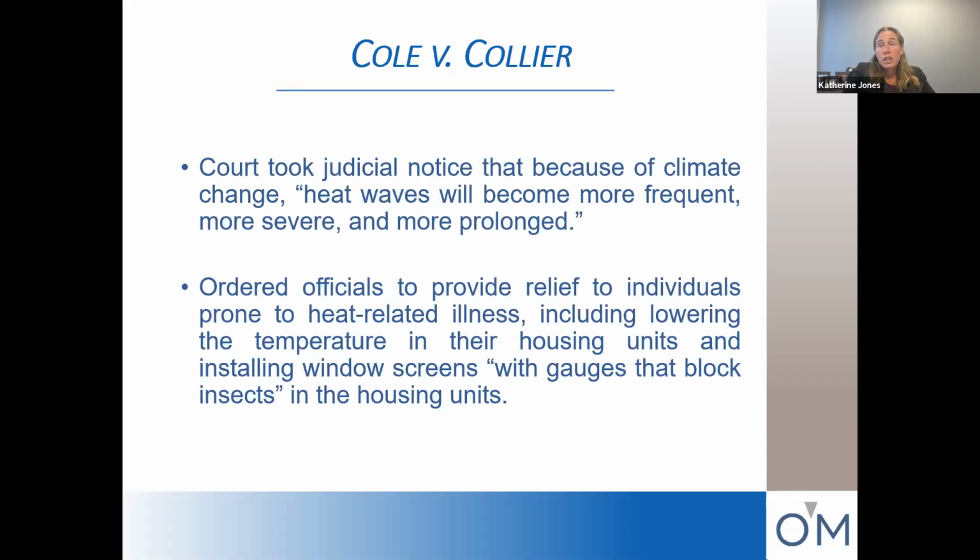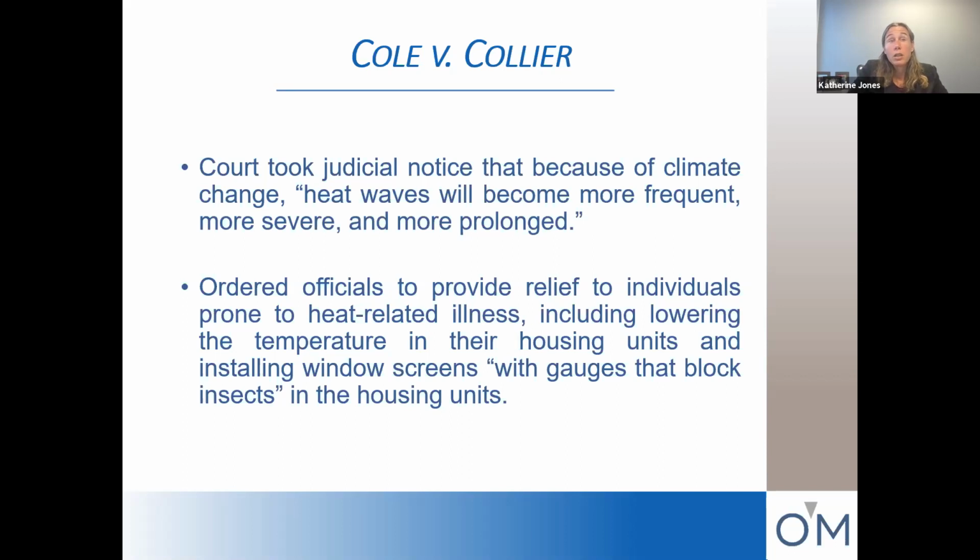But essentially, the court required a change of design of the building to require lowering the temperature within the housing units of the prisoners. And so again, there was no design professional that was implicated in this case, but you could see where a design professional could get brought in for failure to consider or at least advise about the potential impacts of future heat waves on the prison population.